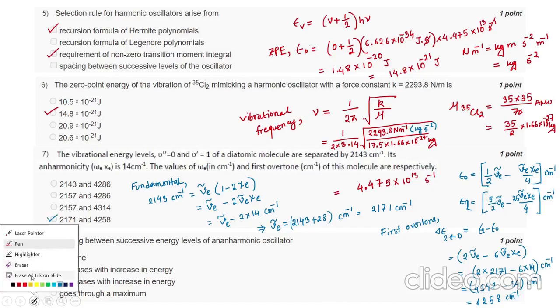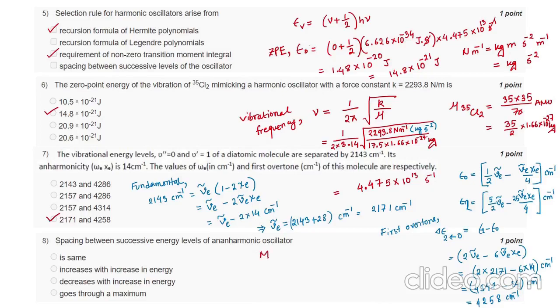Okay, now let me switch back to this pen. Now the spacing between the successive energy levels of an anharmonic oscillator. Now it's not a harmonic oscillator anymore, and the potential will follow the Morse potential. It will look something like this.